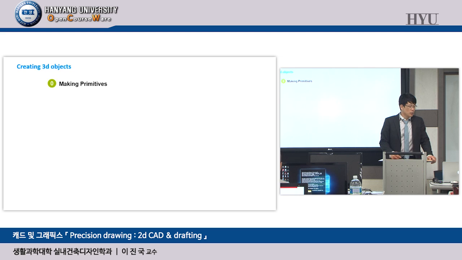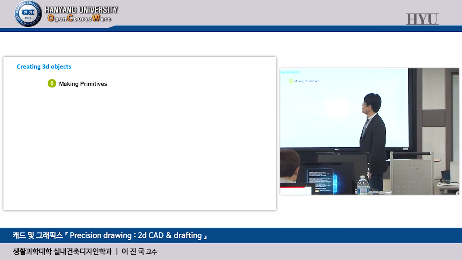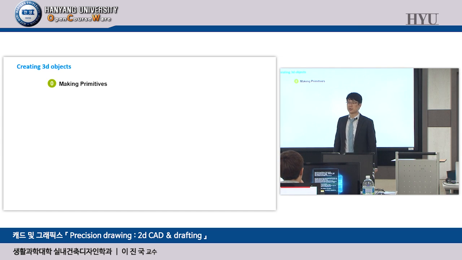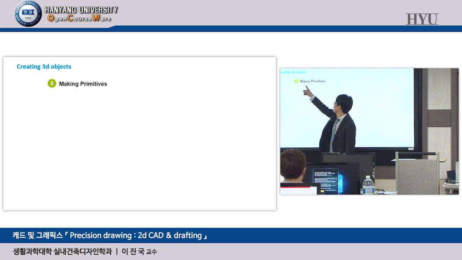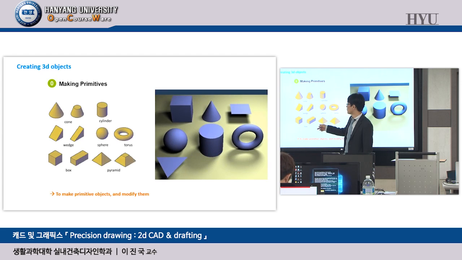Okay, let's briefly look at how many ways of creating 3D. The first one, actually not the first one, I put number 0 because this is not creating 3D. This is something about making primitive objects. What are primitives? Take a look.